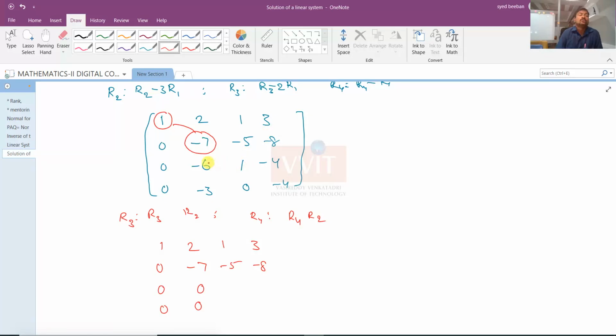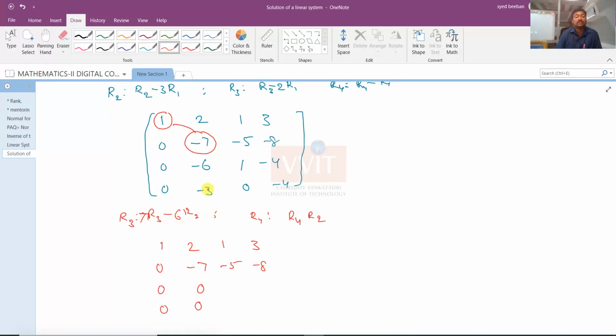So since both are relatively prime, just multiply that one. So R3 prime means 7 R3. Because both are the same signs, I'm supposed to subtract. So subtraction: 7 R3 minus 6 R2.